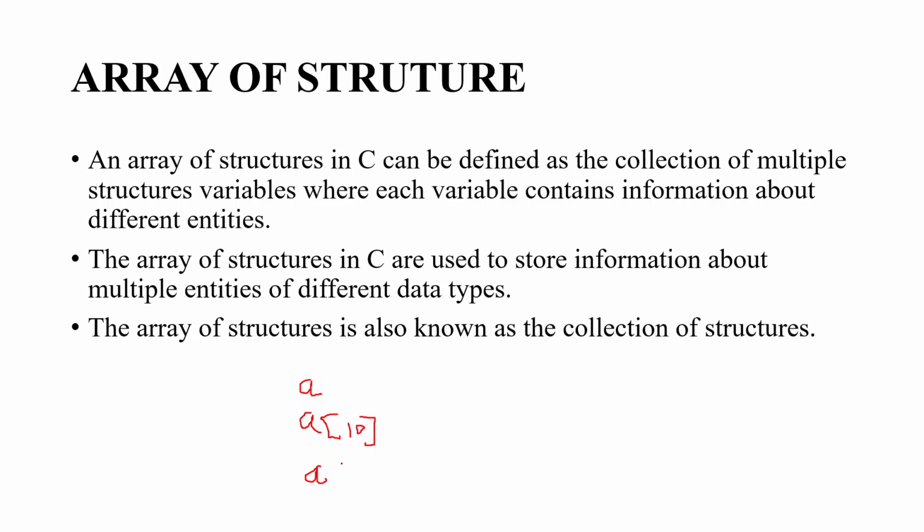Correct? If we need multiple employees, then I can go for this array concept for the structure variable. If I am giving 10, then 10 employees' or 10 students' data can be stored for the members of the structure. So this is the concept of array of structure. This array of structure is also known as a collection of structures.